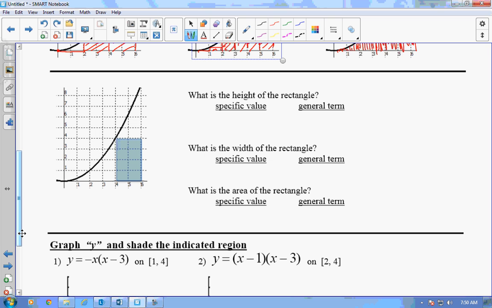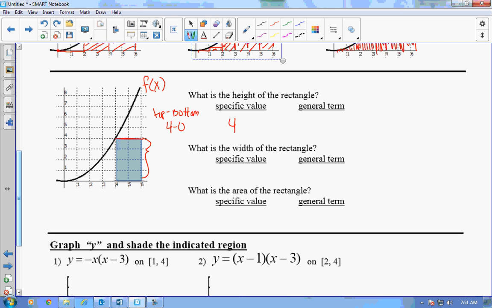So on the next problem, if this is our function f of x, what is the height of our rectangle? It's just 4, right? Because we have 4 minus 0, because the bottom is 0. Top minus the bottom.